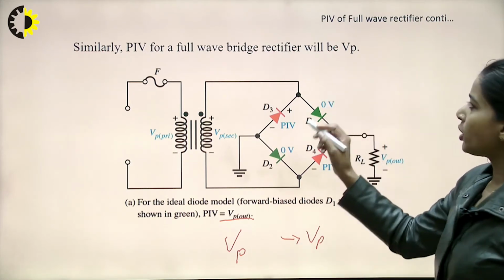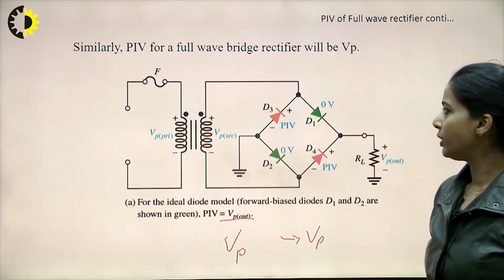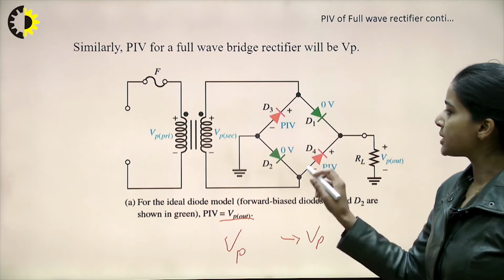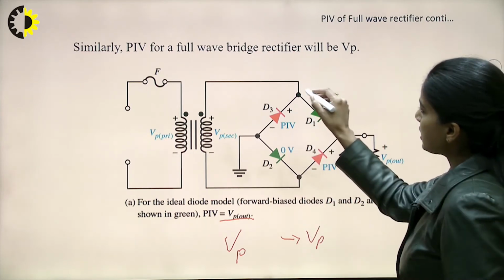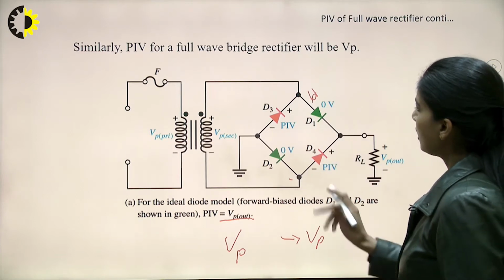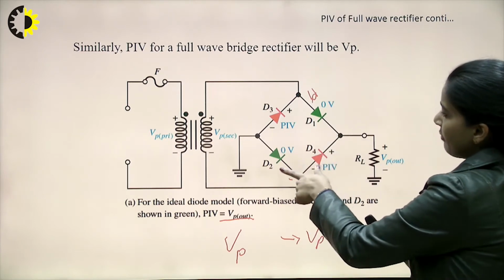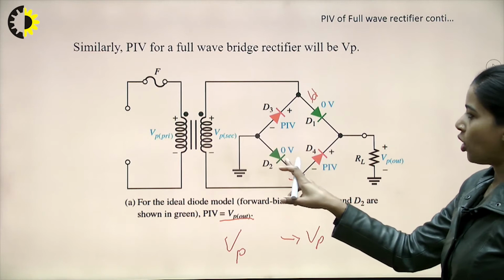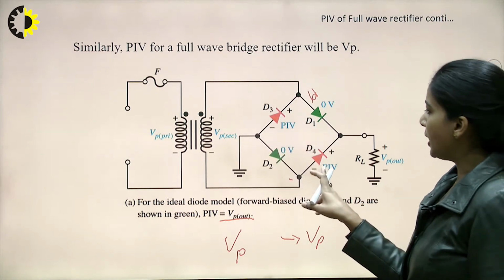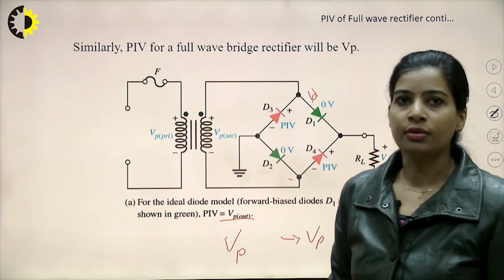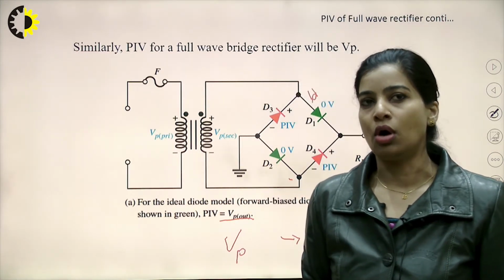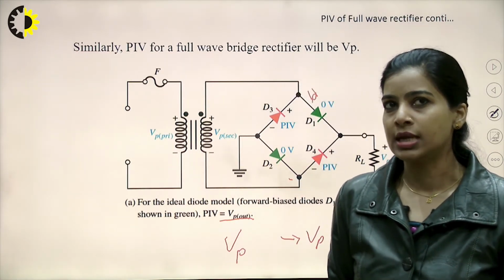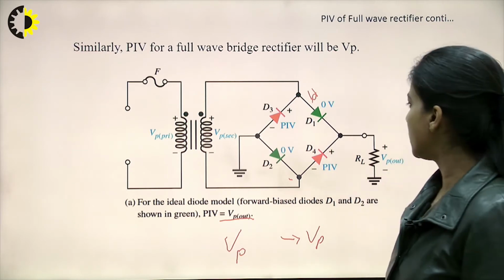So PIV for the bridge rectifier is Vp, because in one cycle 2 diodes are conducting. If I consider the positive cycle, then diodes D1 and D2 will be operational, and D3 and D4 will be off. So PIV we find for the off diodes that can withstand the maximum level of voltage.